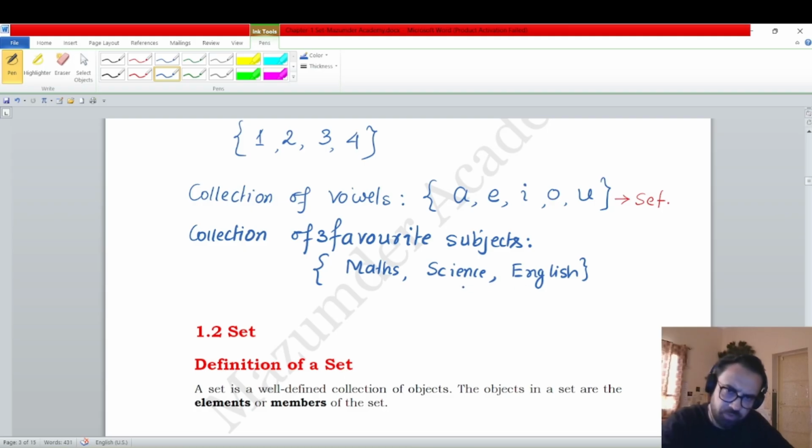But these 3 subjects are favorite to me. If somebody else writes, then maybe he doesn't like math. Someone else may choose science, then English, history.